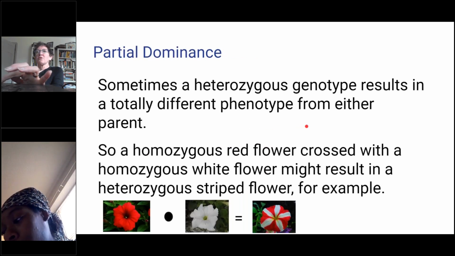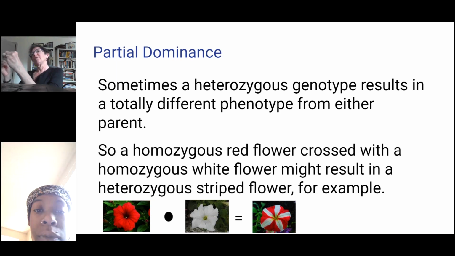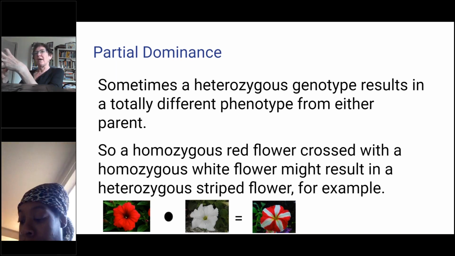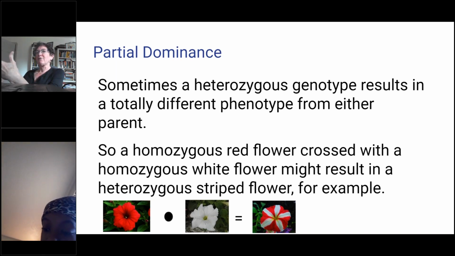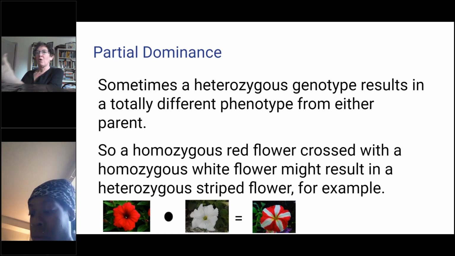So I'm ready. There's a situation called partial dominance. That's when you have genes for two different things. You've got a heterozygous genotype, and it results in an offspring that is totally different in its phenotype from either parent. So what the heck does that mean? A flower that is homozygous for red color and is crossed with a flower that is homozygous for white color might result in a heterozygous striped flower.